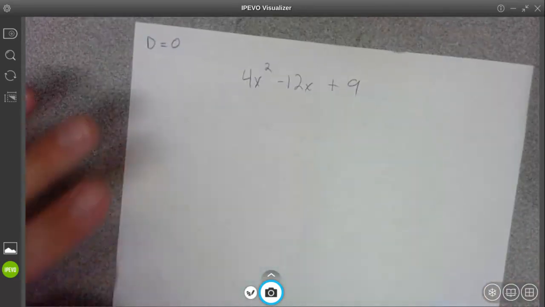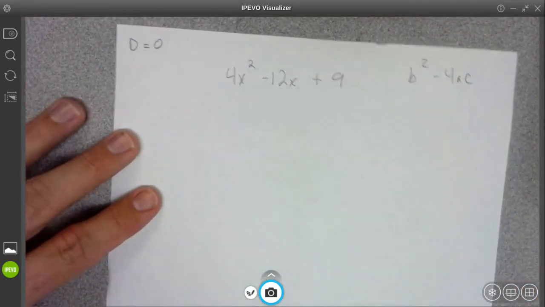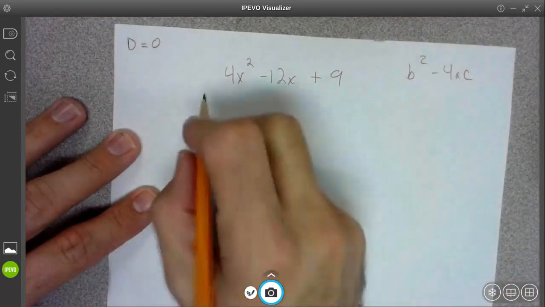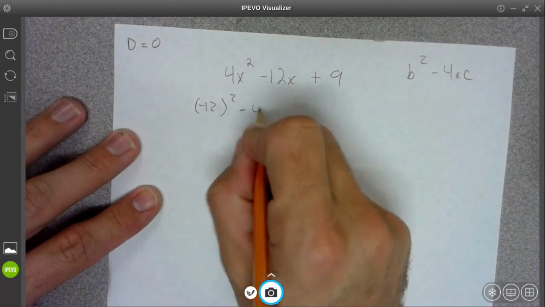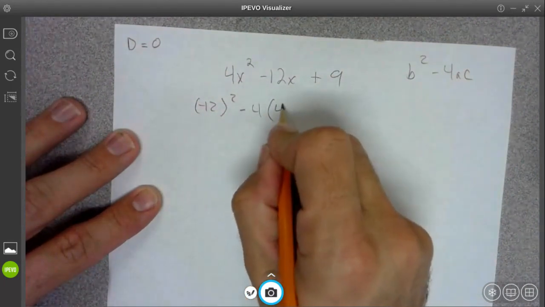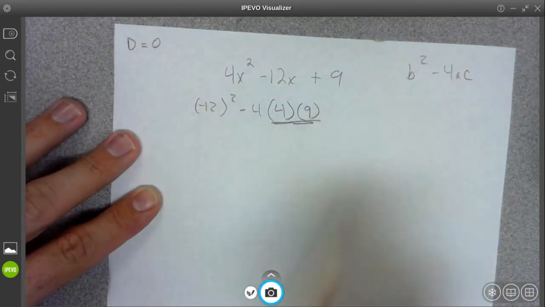The last one here, all right, b squared minus 4ac. That's the discriminant. So b squared is negative 12 squared minus 4 times a times c.